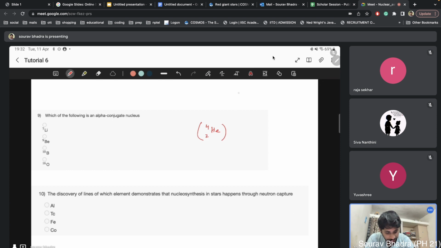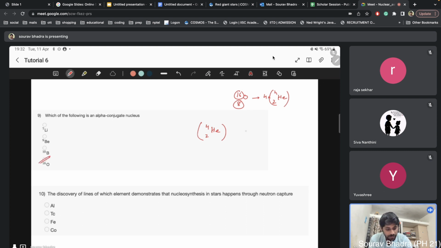Now your 16O8 can be written as a combination of 4 alpha, right? Because 4 into 4 will give you 16 and 4 into 2 will give you 8. So 8O16 can be expressed as a combination of 4 alpha particles. That's why it is called an alpha conjugate nucleus.